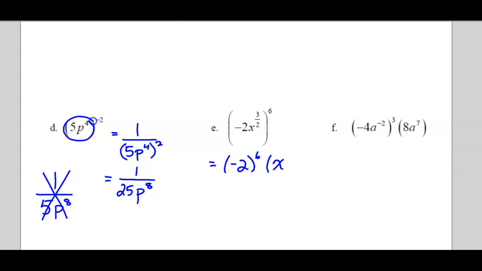And then x, 3 over 2 multiplied by 6, that's going to be 9. -2 to the 6 will be a positive. And what is that? 4 times 4 is 16, times 4 is 64. So 3/2 times 6. Again, common mistake I will see will be 18 over 12 when people multiply fractions.